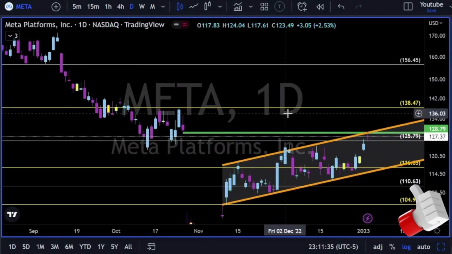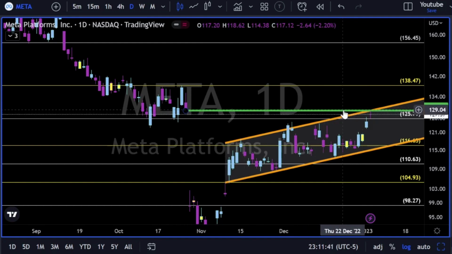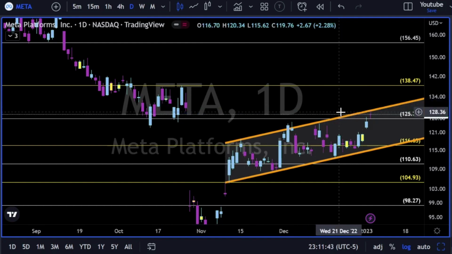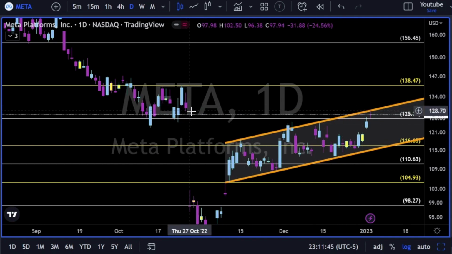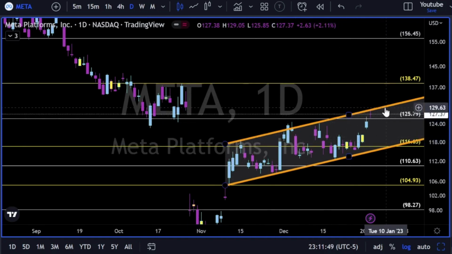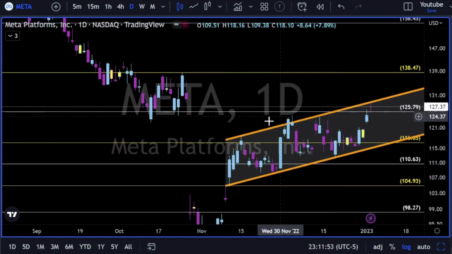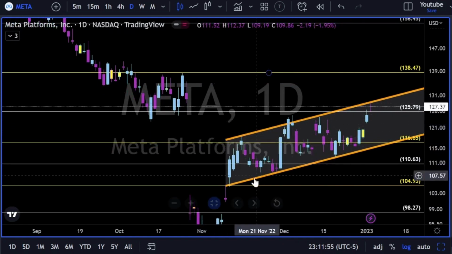Meta, as we said, 80% of all gaps will get filled throughout time. This gap here got filled. Now we have this trend line here that is acting as a very strong resistance to the higher highs.